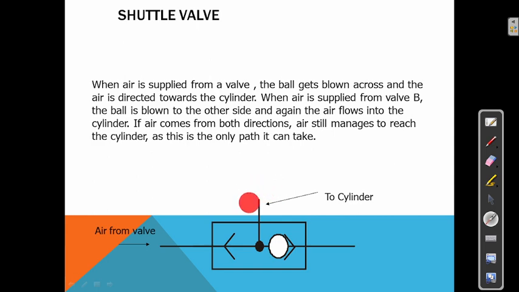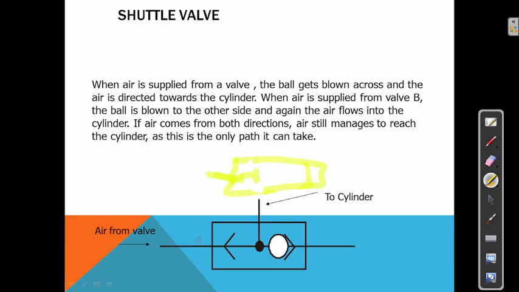The cylinder will move up. If the air is coming here, for example, if the piston is here, this cylinder will move up to here. Likewise, if the air is coming from here, this cylinder will again return back to its original position like this.